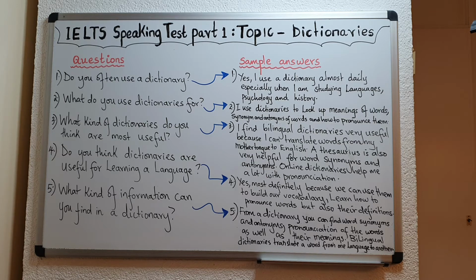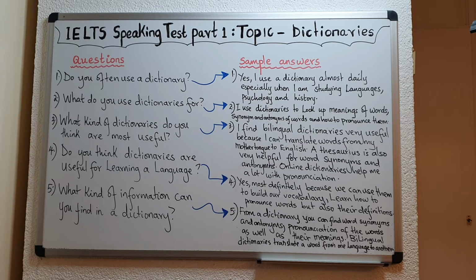Now, in that sentence, I have 3 points that I have joined together using the linking word and. So the first point is, I use dictionaries to look up meanings of words, that is, definitions. The second point, I use dictionaries to find synonyms of words.